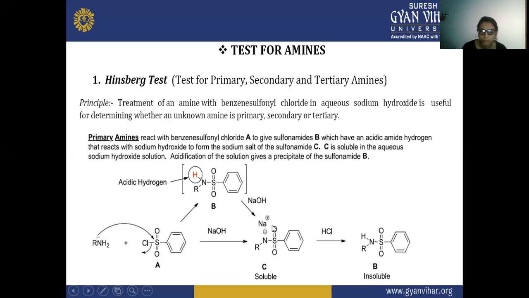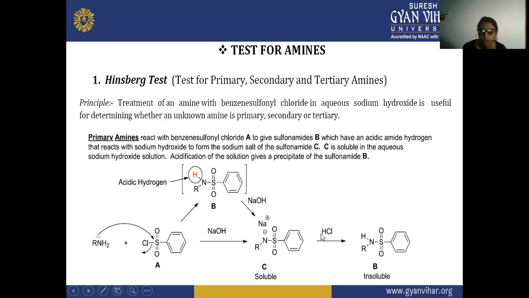This salt is the C. The salt is soluble in the aqueous sodium hydroxide solution, and if we do the acidification of this solution, then it gives a precipitate, that is the B. This HCl dissociates into H positive and Cl negative.